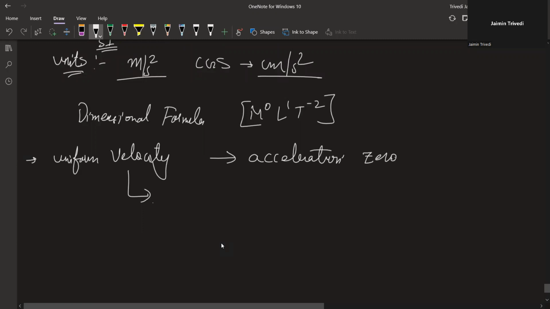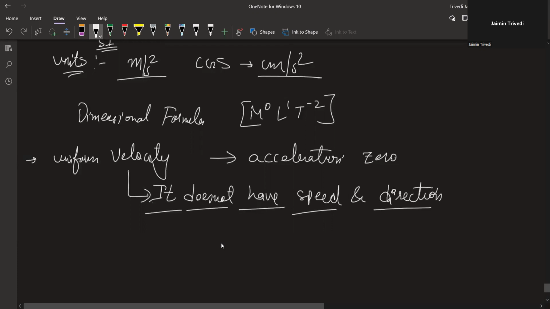Uniform velocity and zero acceleration means the body has no change in speed and not even in direction of motion.